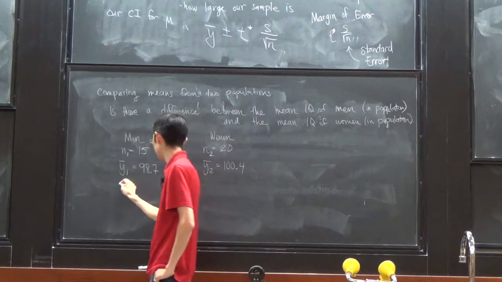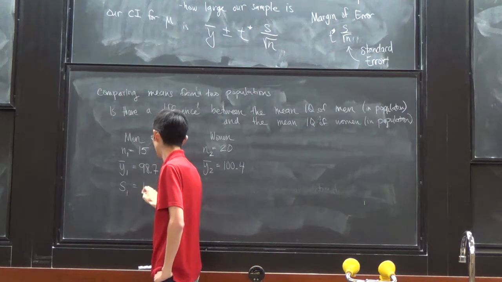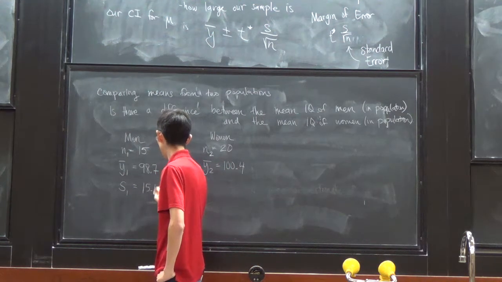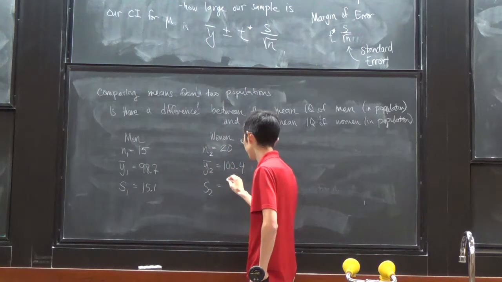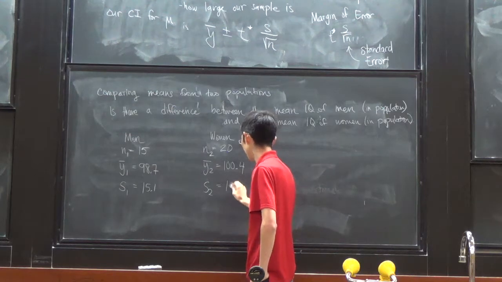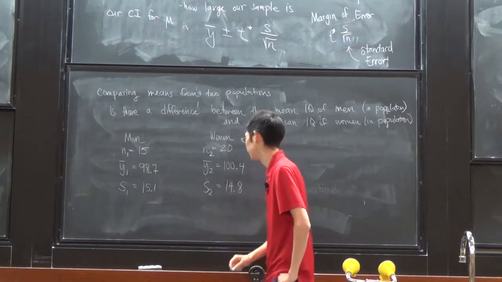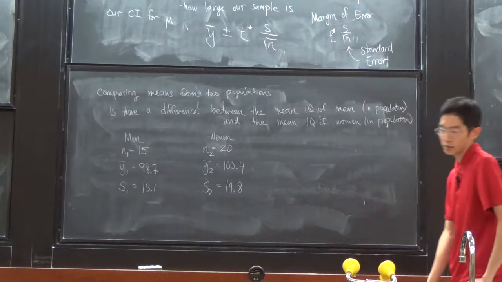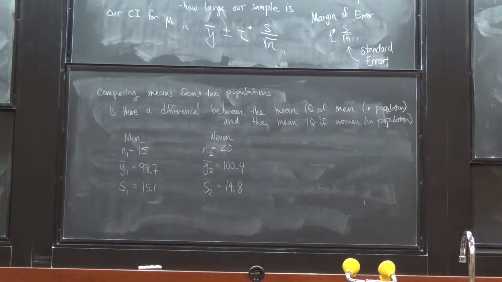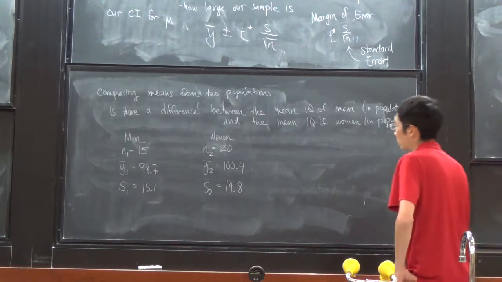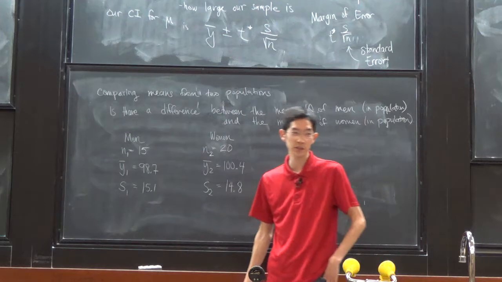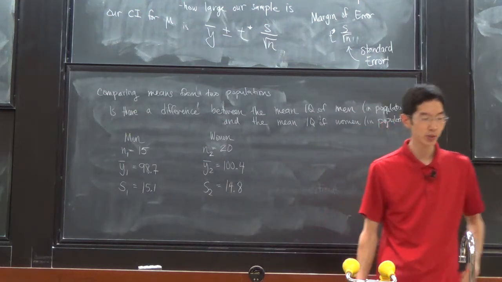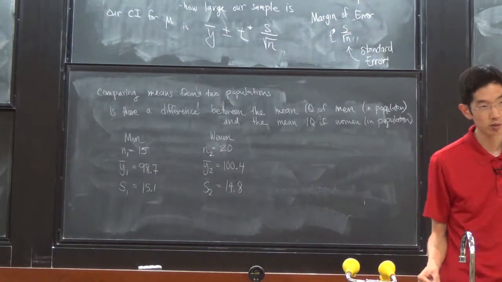Let's say the standard deviation was 15.1, and the standard deviation for group 2 was 14.8. Okay. So based on our samples, can we say that there is a difference between the mean IQ of men and the mean IQ of women?